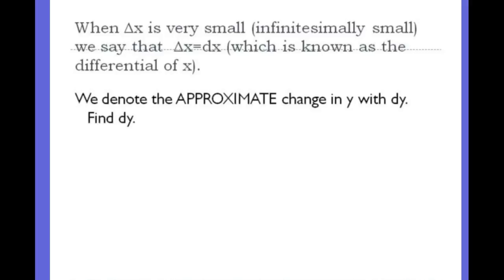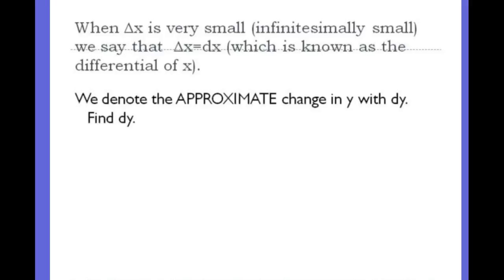When we talk about the derivative of y with respect to x, you never really knew what that respect to x meant. Well, that is what we call a differential. It is an infinitesimally small change in x. We call that dx, the change in x that's infinitesimally small. We denote the approximation of the change in y with dy.